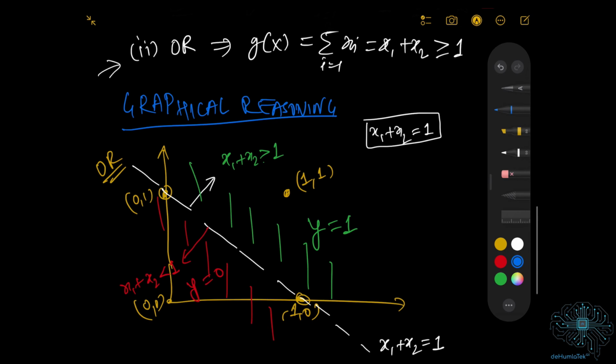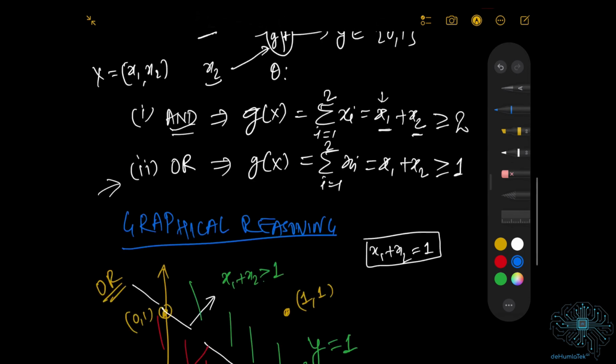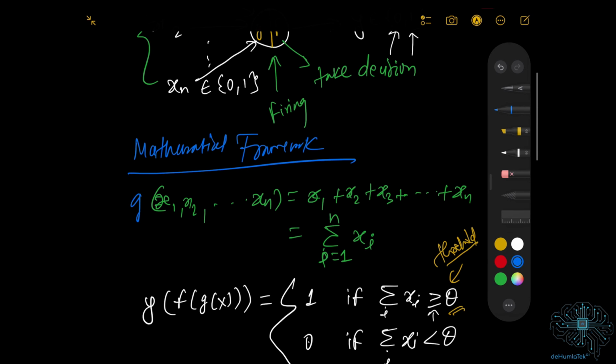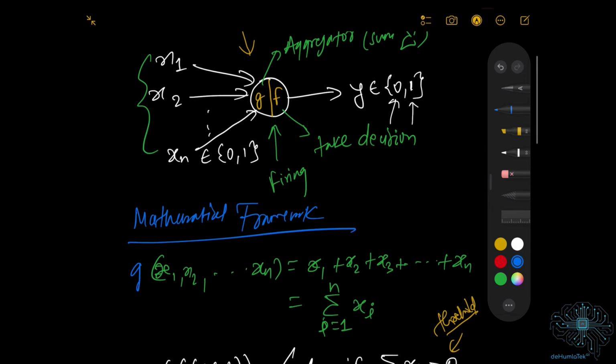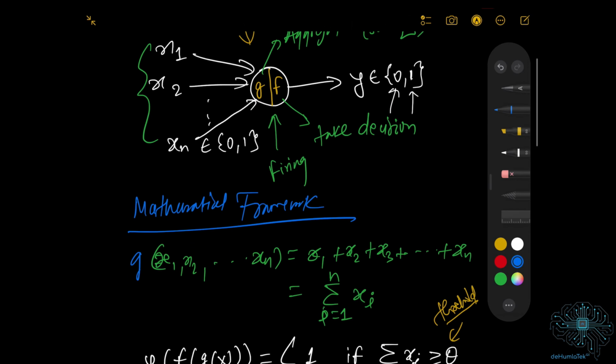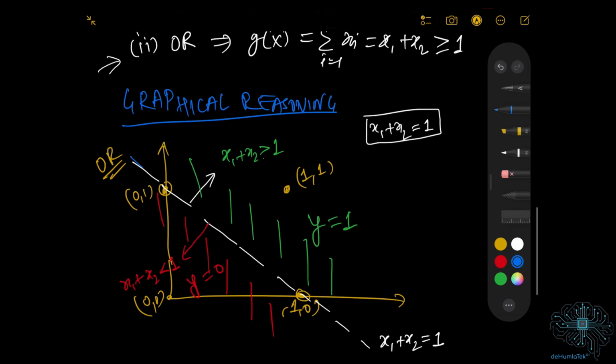In a nutshell, through this threshold value, this neuron is learning this decision boundary so as to work as an OR gate.